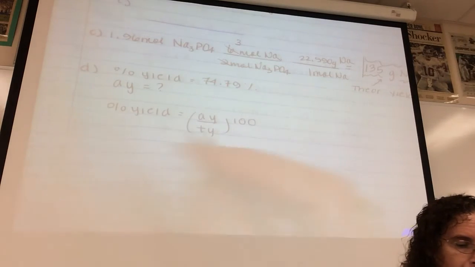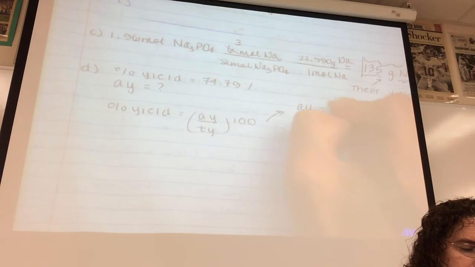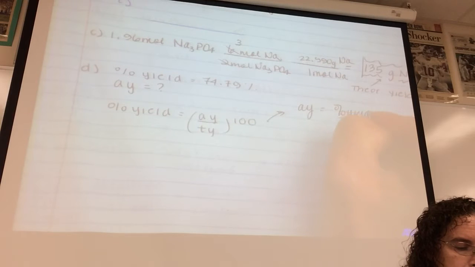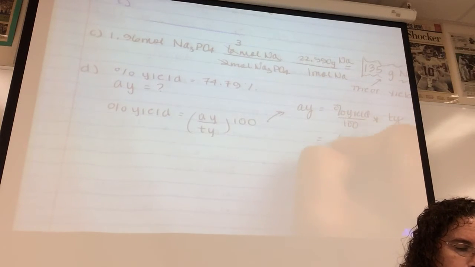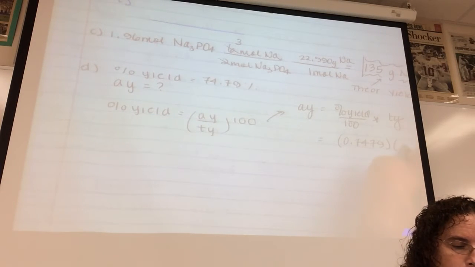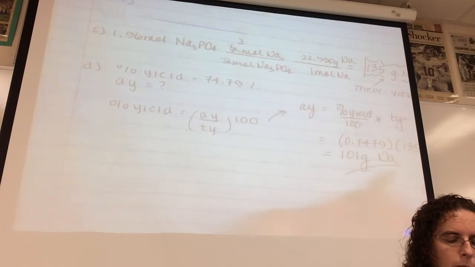Yes, sure we can. The actual yield would be the percent yield over 100 times the theoretical yield. So we'll move the decimal 2 to the left, same thing as dividing by 100, and we'll multiply it by our theoretical yield, and that gives me 101 grams of sodium.